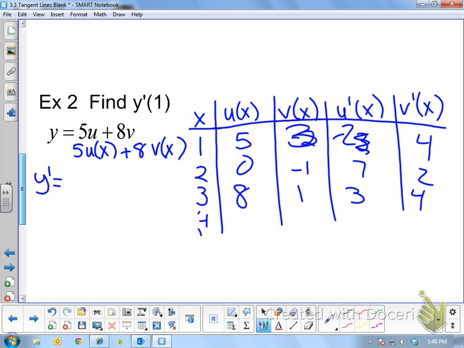If I just said, I have a function u. U prime. So is it just 5 u prime? Oh, we're just overthinking too. Okay, you're trying to overthink it. That's why I got it. 5 u prime. So what would the derivative of 8 v of x be? 8 v prime.